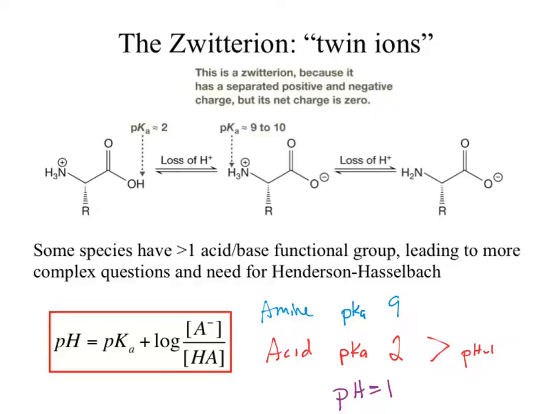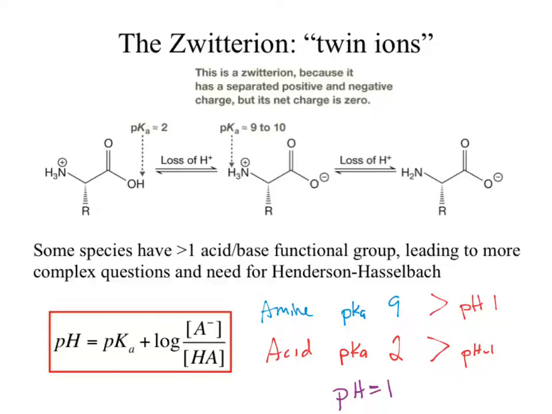For a more acidic environment, what should happen to the protonation state? It should be protonated. So at a pH of 1, what do we have? Hydrogens attached. What happens if we look at the amino group? The pH is 1. It is still more acidic than the pKa of our functional group, which means I need to be in the protonated state.